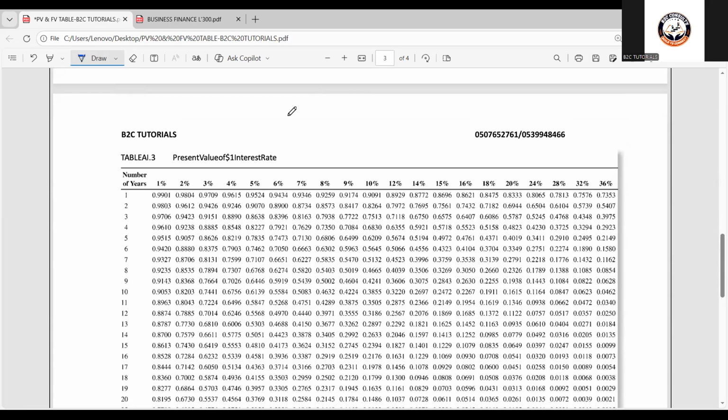Now, how do we find present value? You'd all agree with me that present value is equal to future value over 1 plus R raised to the power n. And this can be rewritten as the future value multiplying what we call the discount factor, 1 over 1 plus R raised to the power n.